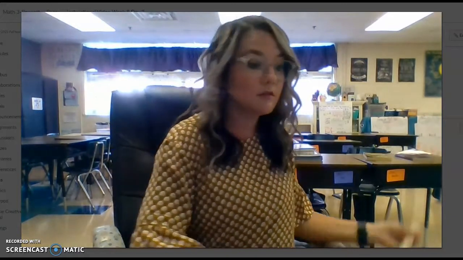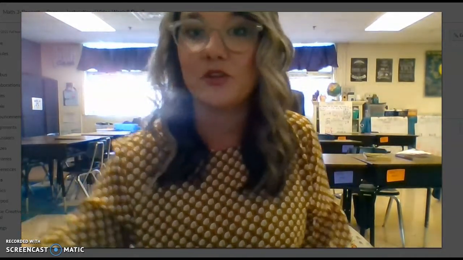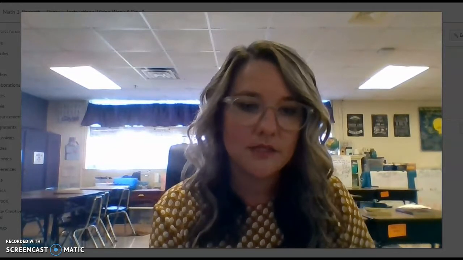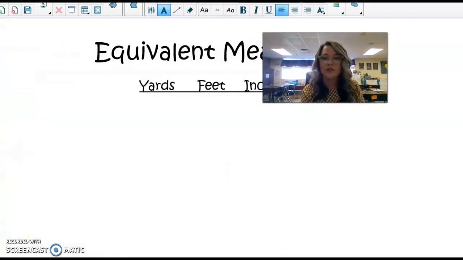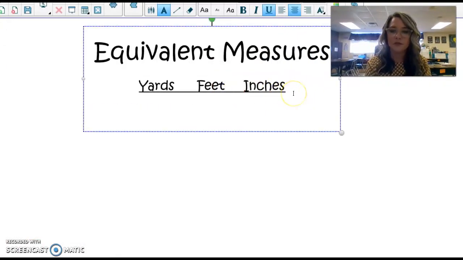So sometimes you're going to be measuring things that are longer than your measurement tool. I'm sure you'll find that out with your jumps, okay? All right, so just before we get started with our activities, I want to just make sure that you understand the equivalent measurements.